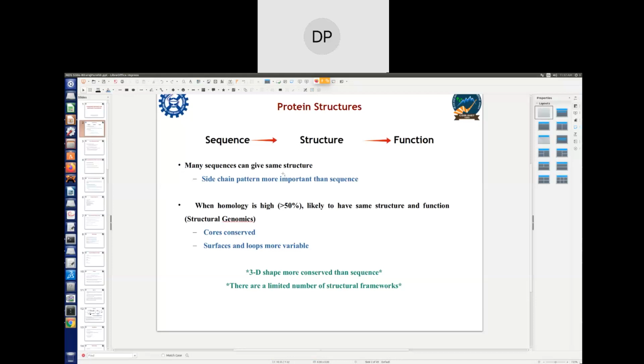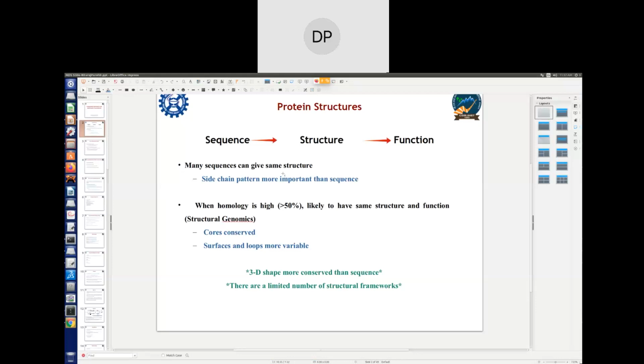The other thing is that the core is conserved while the surface and loops are variable. So the 3D shape is more conserved than the sequence. That's why we always bother about the 3D structure of the protein, because even though the sequences are the same, if there is a minor change in the sequence, you will get a different function.